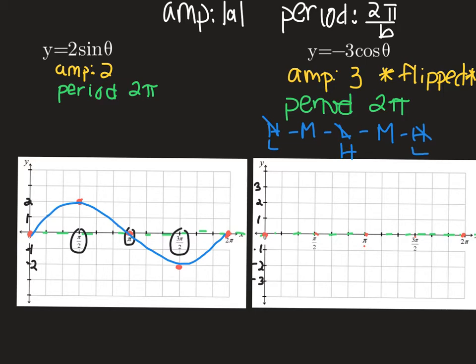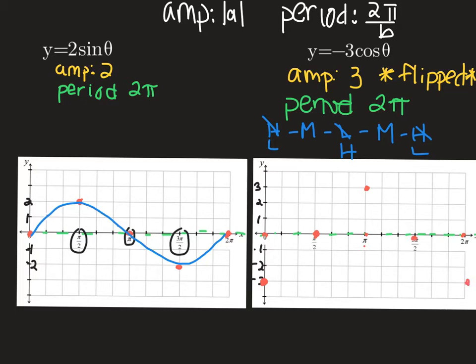And I know my amplitude is 3. So when I go to look at these points, I'm going to start at -3. I'm going to go to the midline. I'm going to go to what is now the highest point, the midline, and back down.